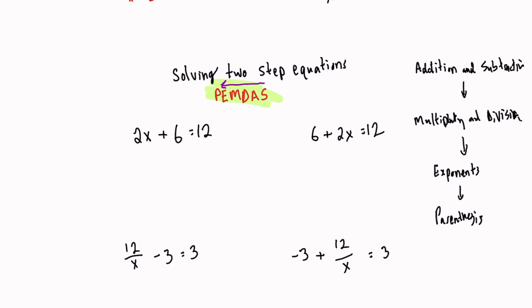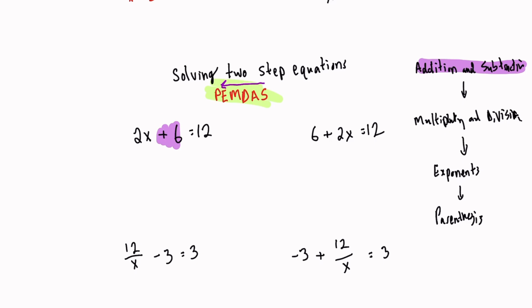So when I'm solving these, I would look first for any addition and subtraction operations in the equation. In this first one, we have 2x plus 6, so the first thing is this plus 6. We're going to have to get rid of that first. We're going to do PEMDAS, but in reverse order.